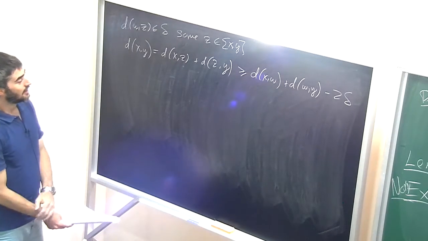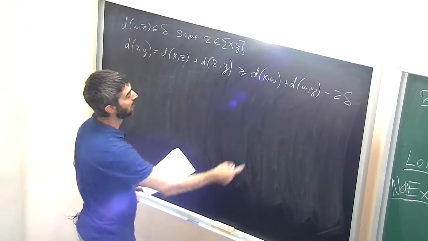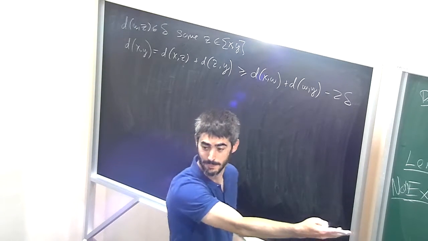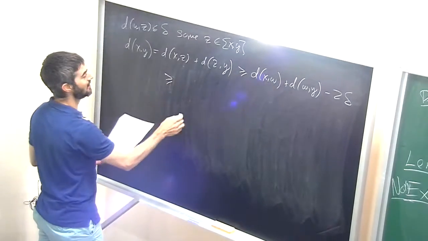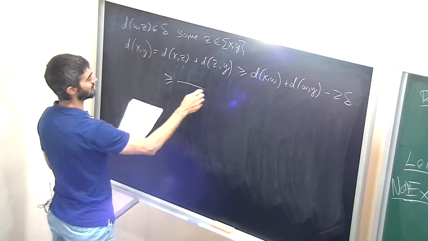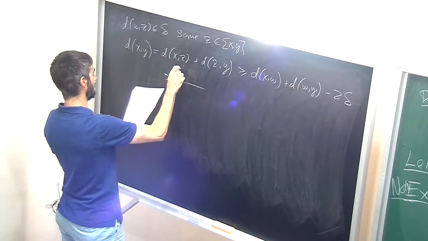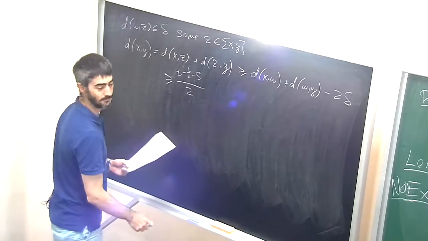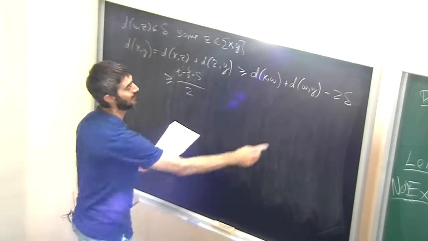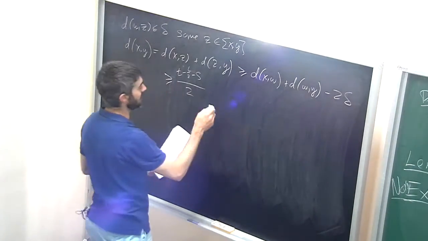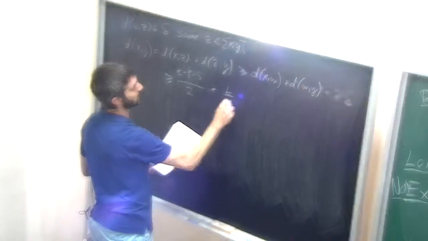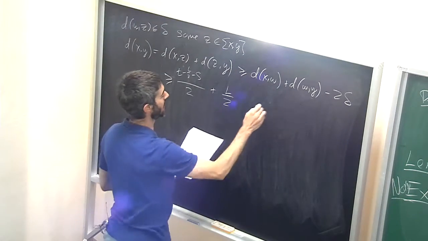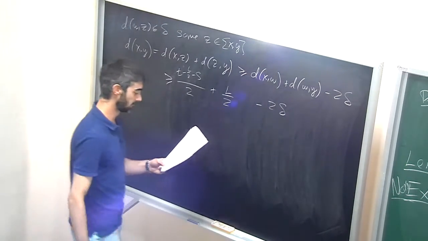Now what do we know? Let's again use our fun fact that it's a quasi-geodesic all the way from X to W. So this is at least the time difference, which is t minus L over 2 minus s, divided by 2. That's what being a quasi-geodesic means. From W to Y is a geodesic, so that's L over 2, and then I have minus 2 delta.